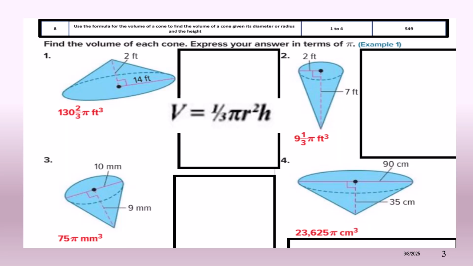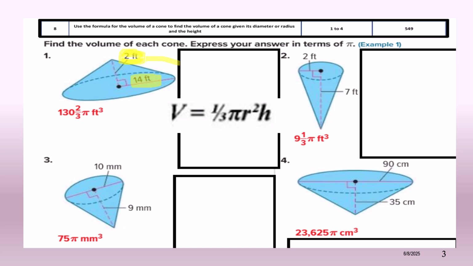Let's quickly try and answer these questions as expertly and quickly as possible. So let us see, if they give me the height, 2 is my height and 14 is my radius. So this is very easy.